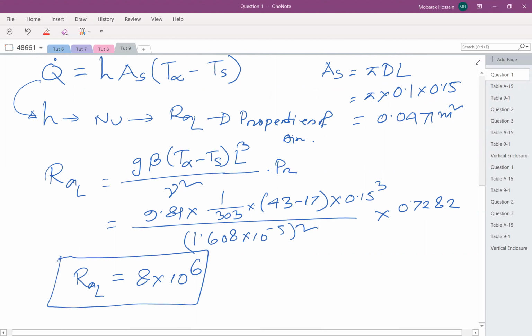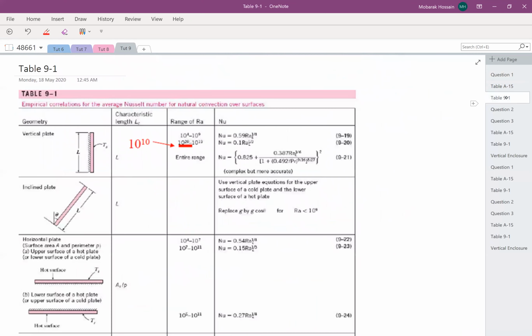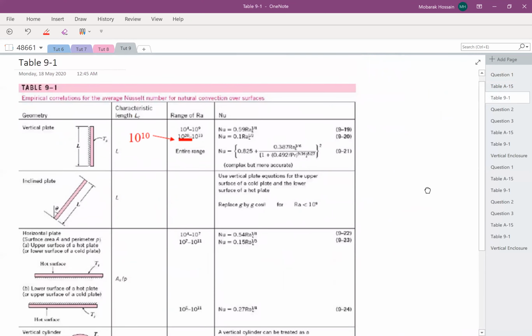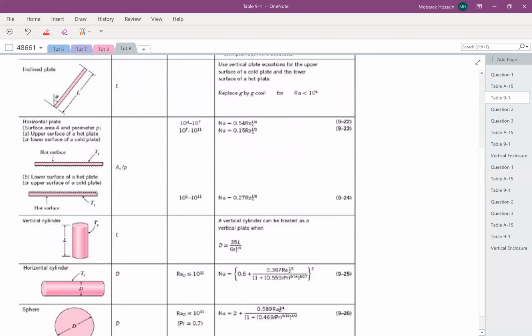Now this one is a vertical can, meaning a vertical cylinder. So here is Table 9.1. It's a vertical cylinder.